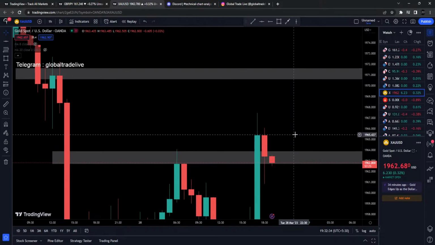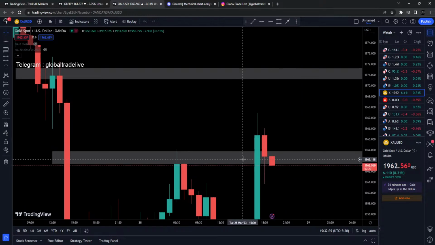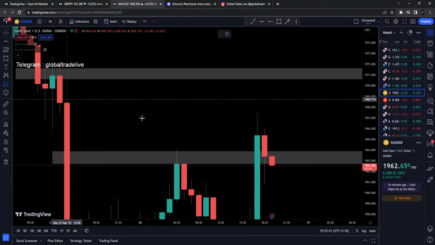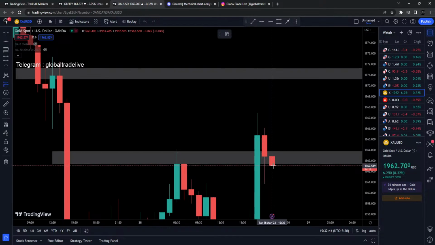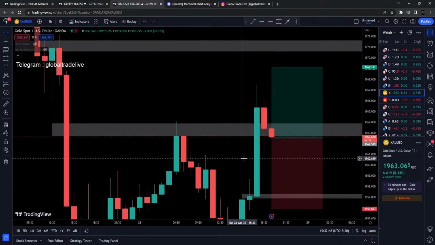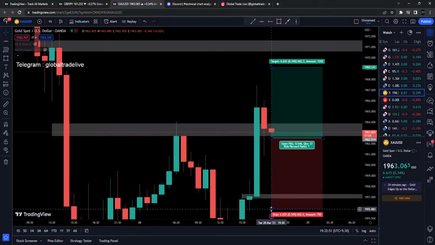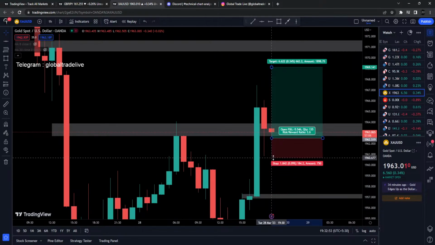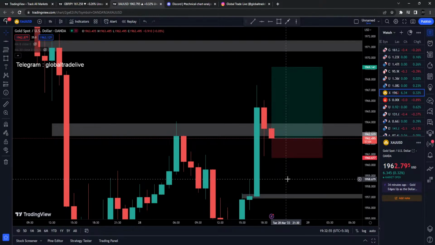What I have done is I have entered buys over here with a very small lot, because I'm thinking that it's gonna reverse back up, and I have kept the stops under the previous candle low. In case it's gonna hit the stops, then I will not have any problem, because it's a really small lot, because I really think now this candle will be reversing back up. If not, then it's alright.